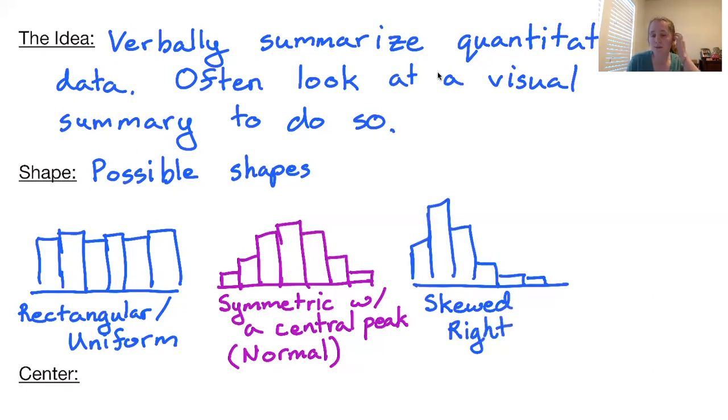Skew means we sort of pull it in a surprising direction or a wrong direction. We kind of mess with the data. So in skewed right, most of the data is on the left. The stuff on the right is kind of surprising. It's messing with the data, pulling away from where most individuals are. So we call it skewed right because the surprising stuff is on the right.